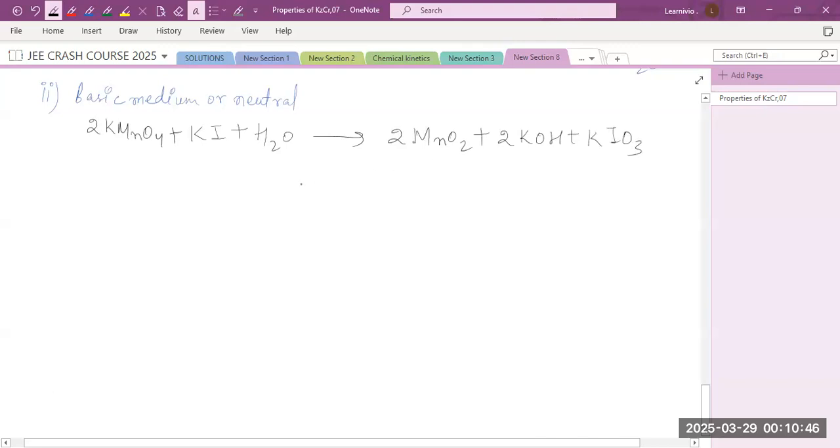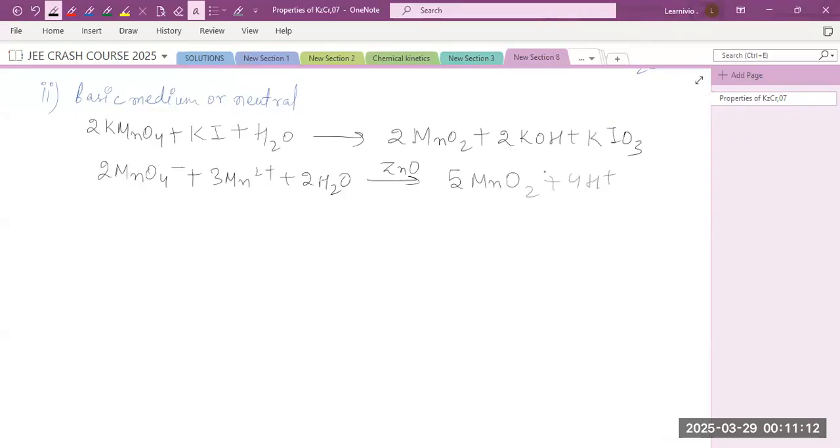And in the neutral medium, in the presence of ZnO, zinc oxide, it will convert this into MnO2 plus 4H plus. Okay, so these are the properties of potassium permanganate.